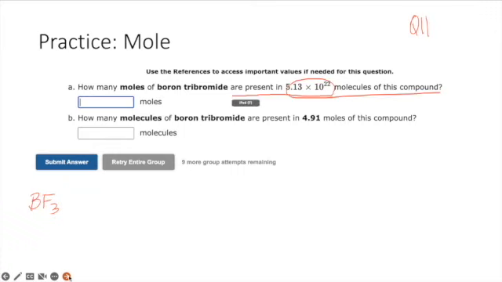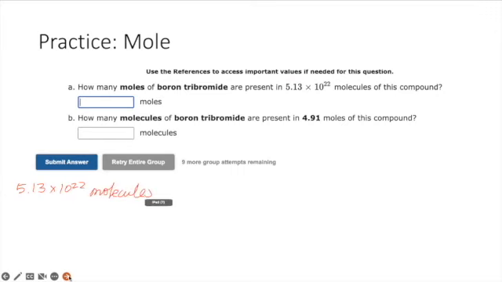All right, so factor label method, right? Start with the number that we're given, 5.13 times 10 to the 22nd molecules. So we want to get out of molecules and into moles.